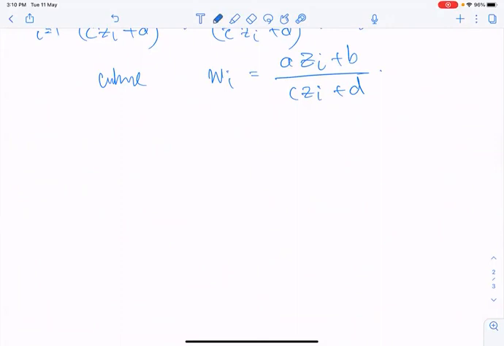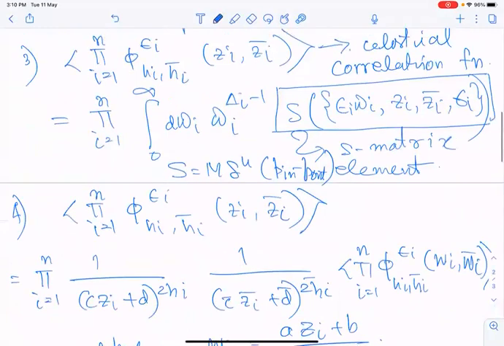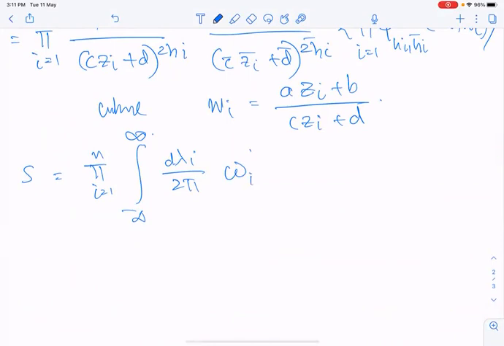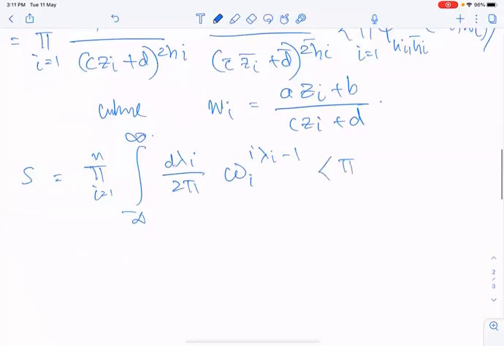This of course can be inverted. This S you can write as some product. The way it is done is: let me write d lambda_i over 2π, omega_i to the power i lambda_i minus 1, times this correlation function.